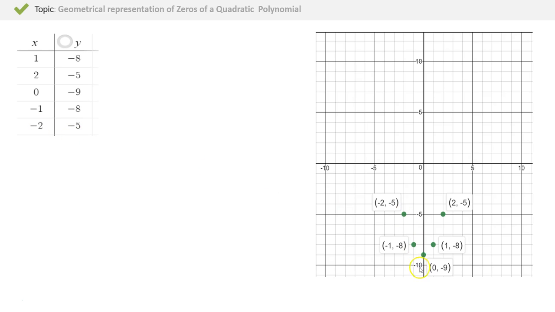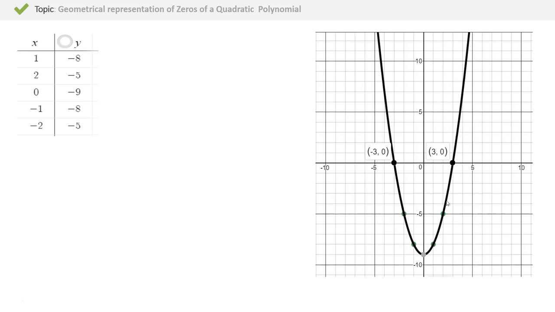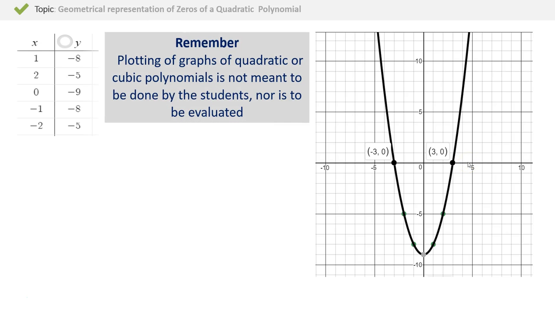So I got almost 5 different points. Now if I try to combine these points, it will give me a graph. And the graph in that case will look like a parabolic graph which is intersecting the x-axis at 2 different points.